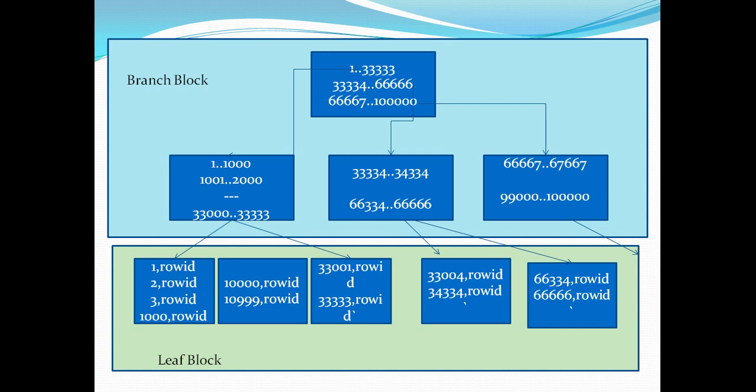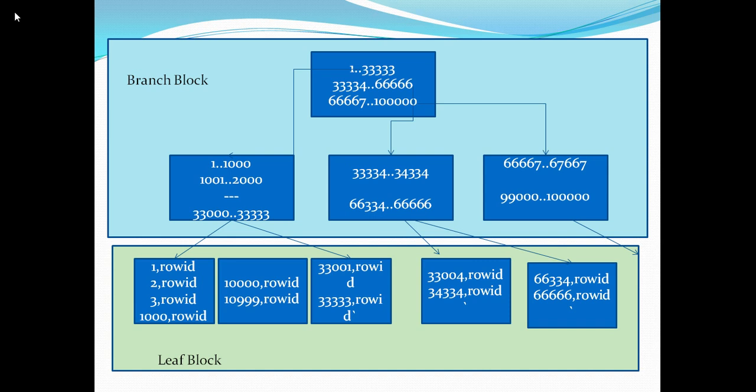The branch block does not have any physical information about the actual location of the table or where the data is being stored. It just has the pointers to the leaf block. The leaf blocks are the lowest level blocks which actually have the physical information pertaining to the data for that particular key. So this is how the data is being stored on blocks for an index.